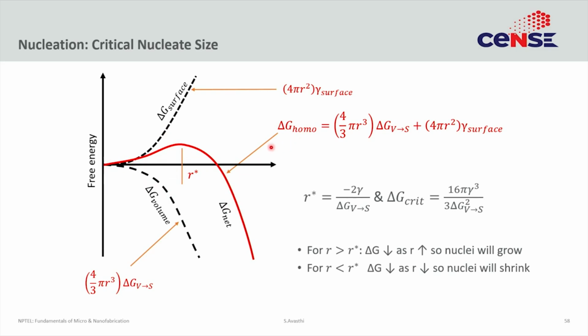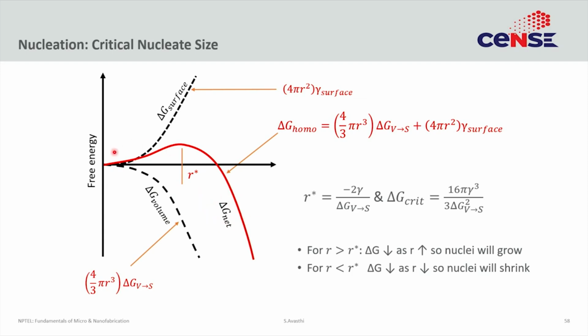Because of the way the polynomials work, the delta G surface goes up slower than delta G volume, because remember, this is an r cubed and this is an r squared. So, ultimately the delta G volume will win out. So, for very large r's, the net delta G homogeneous would be negative.